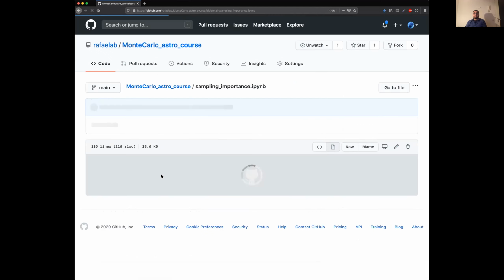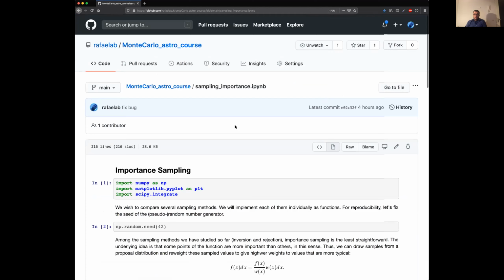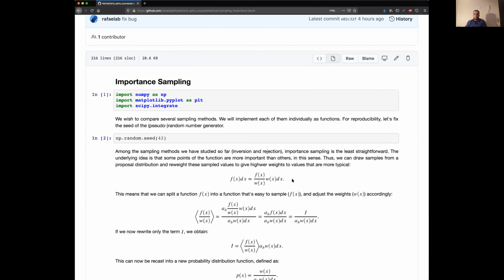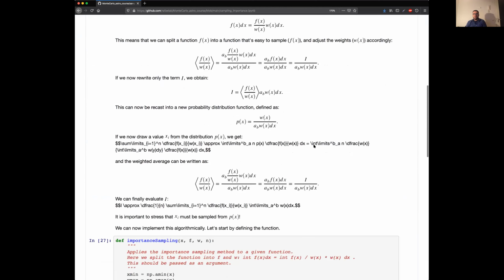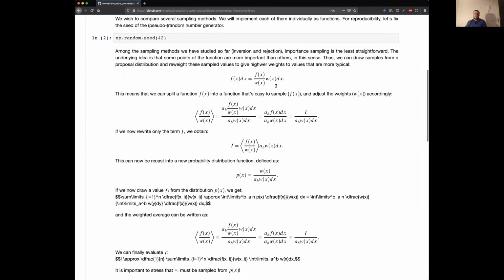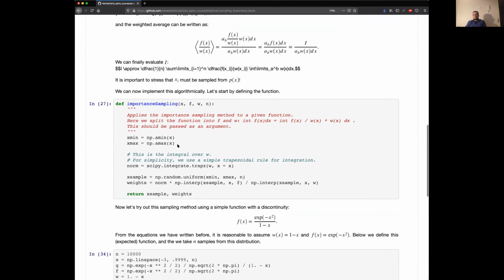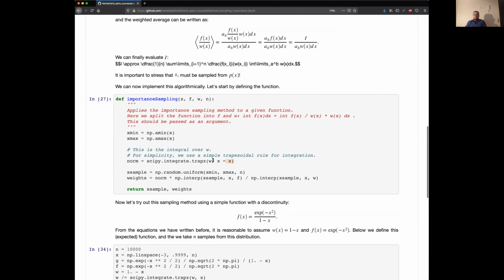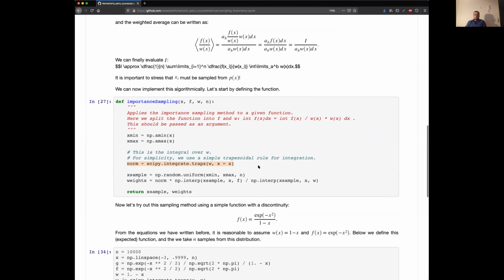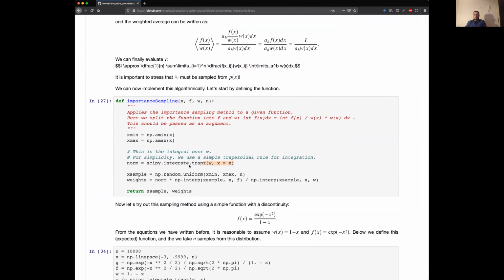The importance sampling is slightly more complicated, but if you remember, it relies on multiplying and dividing by the same function, and then this function W, okay? So in order to implement it, I'm first calculating the function f and the function w.